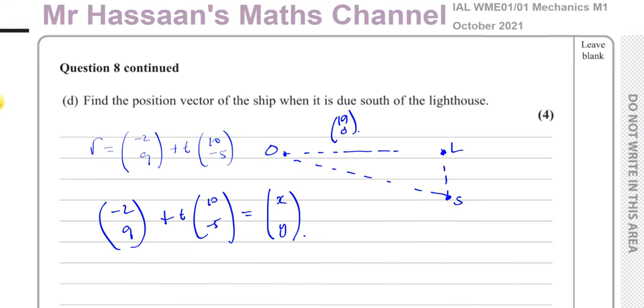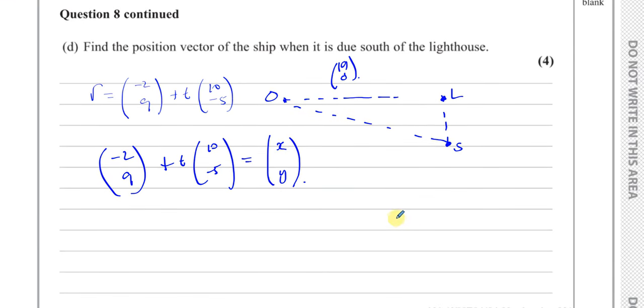I know that the I component of the ship must be the same as the I component of the lighthouse, so it must be 19. So this must be equal to 19, because you're going to go 19 across to the lighthouse and then down. It's going to be like the position vector. So this part must be 19.